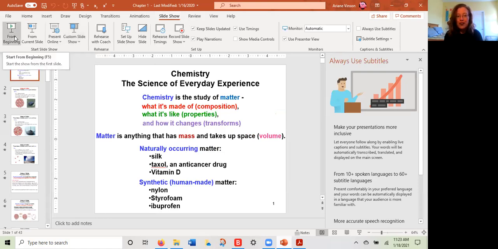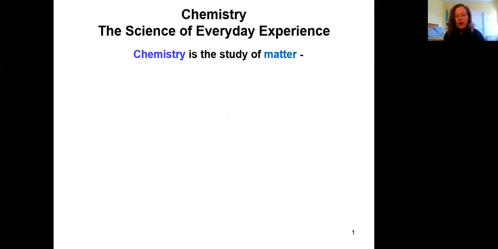I'm going to go ahead and go from the beginning. And that way you can click through it at your pace, and you can have the time to fill in the blanks, and it doesn't give you all of the information all at once. So you can read it, take in the information, absorb it, and then go on to the next step.